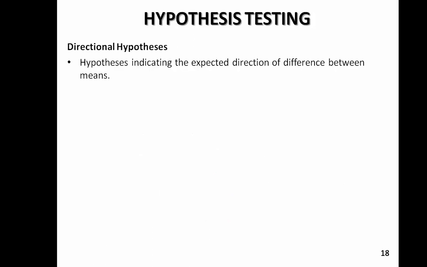Directional hypotheses are generated if the researchers have a reasonable expectation that one group will be greater than or less than another group.